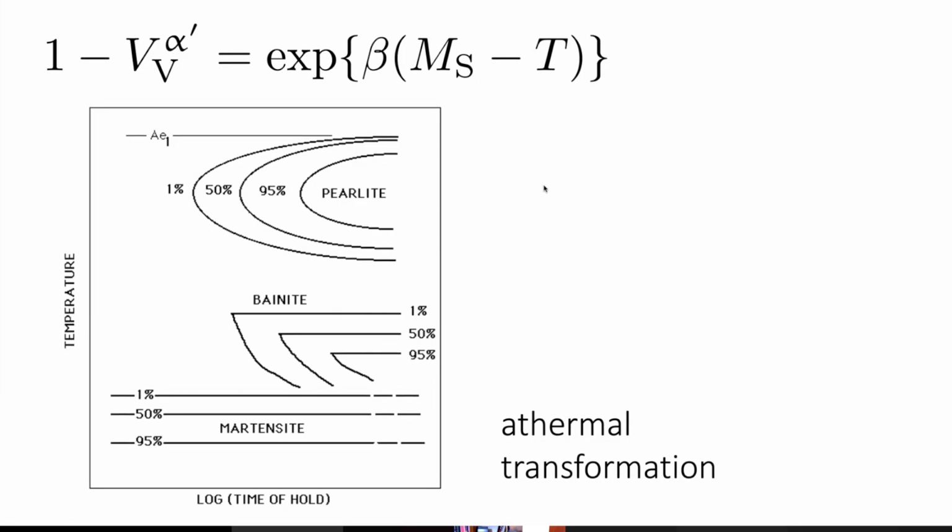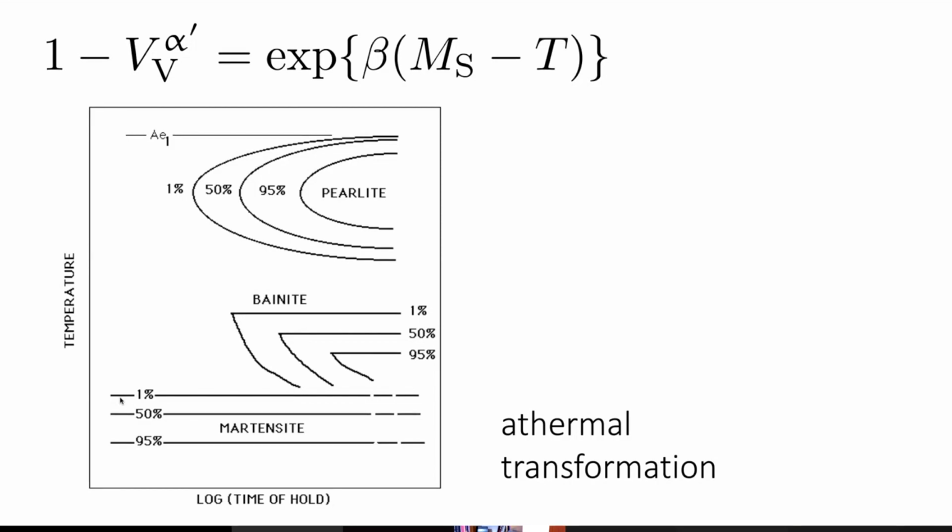Now, the reason for this behavior is that our experimental measurements are approximate when the transformation happens extremely rapidly. So let's imagine this 1% here. If you had enough resolution, you would see individual martensite plates growing, and they take a certain time to lengthen.